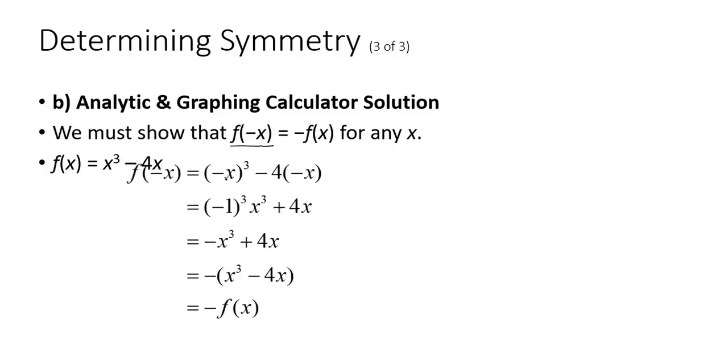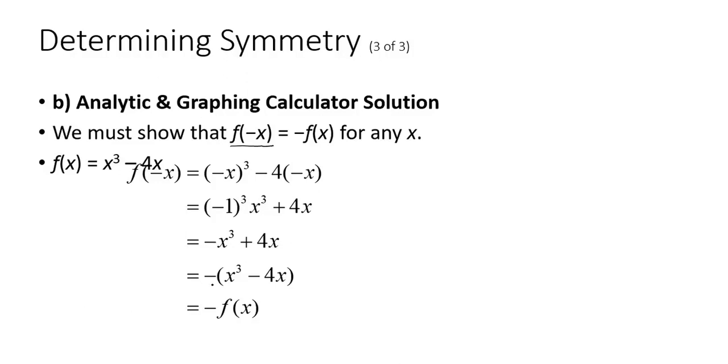There are a couple of places where we need to substitute minus x for each x, and we use parentheses. As you can see, minus x cubed means minus 1 to the power of 3 times x cubed, and then minus x would be multiplied by minus 4. That turns out to be positive 4x. And because the exponent is odd, that becomes minus 1 times x cubed.